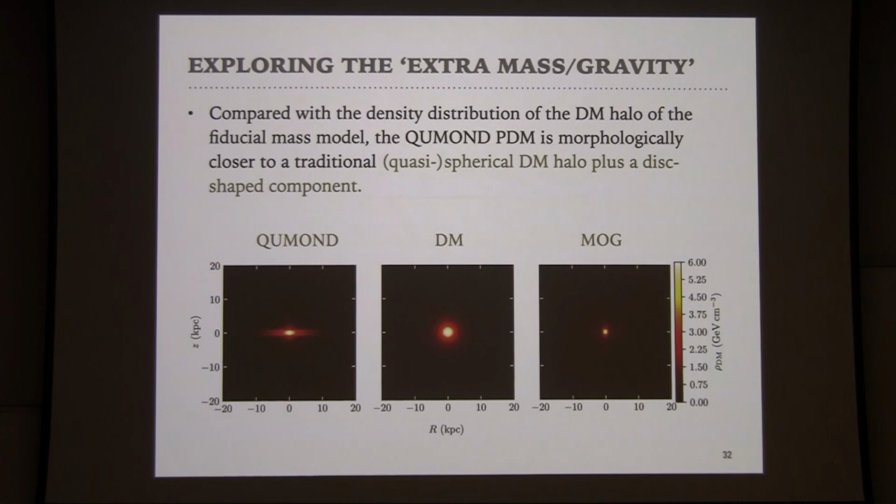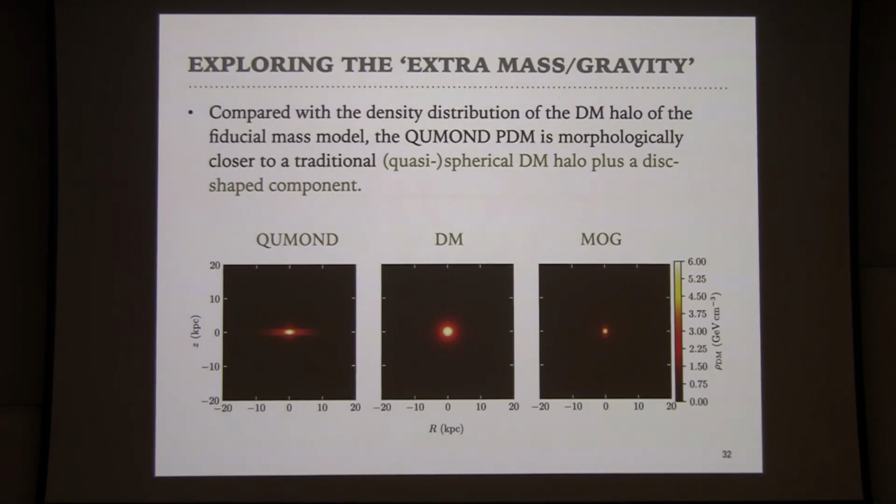Now the left panel illustrates the effective phantom dark matter density distribution of Q-MOND. We can see the density distribution of Q-MOND phantom dark matter shares more similarities with a conventional spherical dark matter halo plus a disk-shaped component.